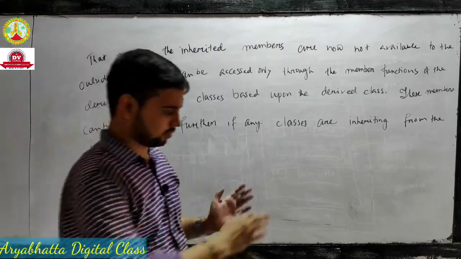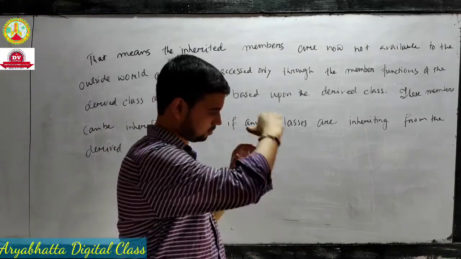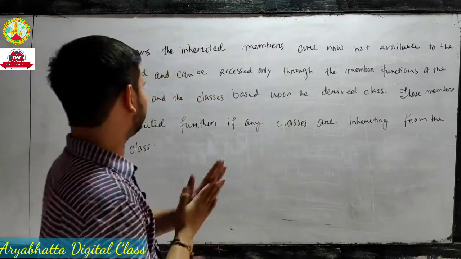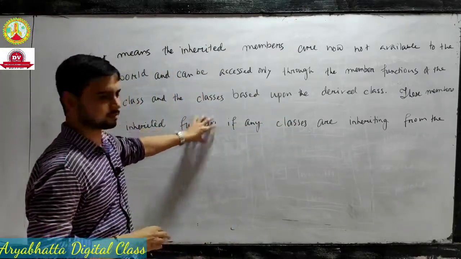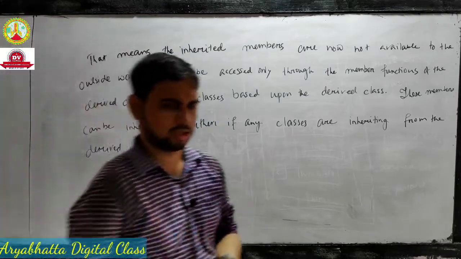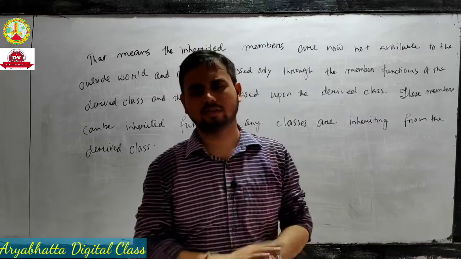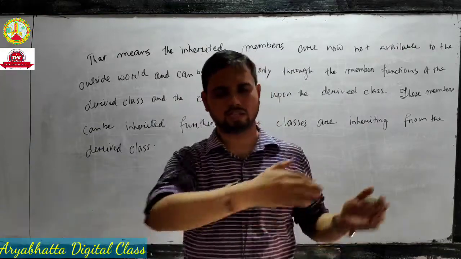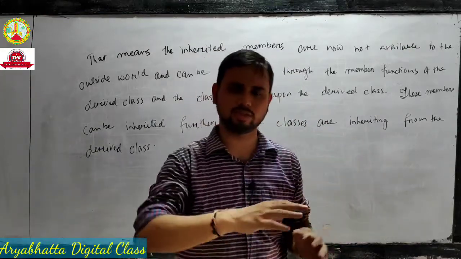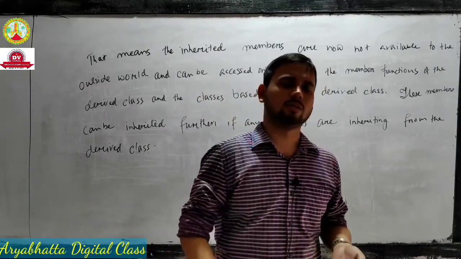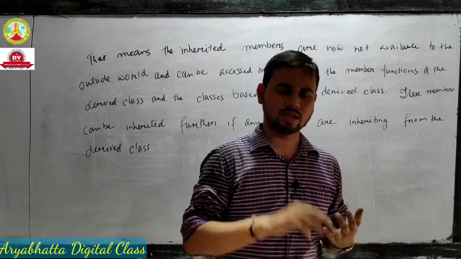In public members it is very easy to access from the outside world, and they easily accept inheritance properties. But in private and protected, there is a little difference.